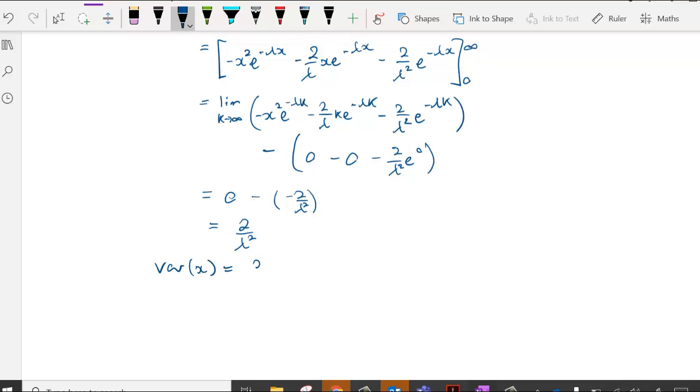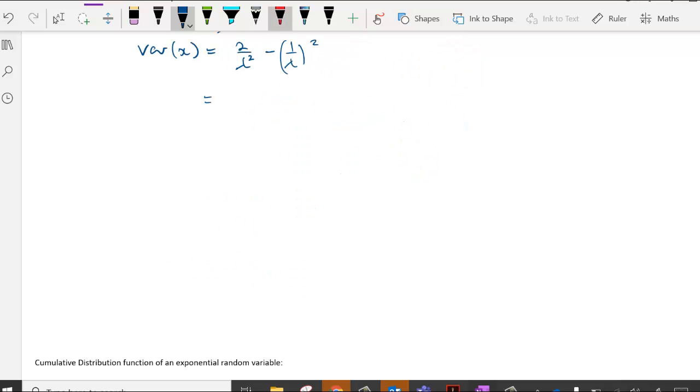Our variance will be 2 on lambda squared subtract the mean squared, which is 1 on lambda squared, which leaves us with 1 on lambda squared. And standard deviation will be the square root of the variance, which is 1 on lambda squared, which of course ends up being 1 on lambda.